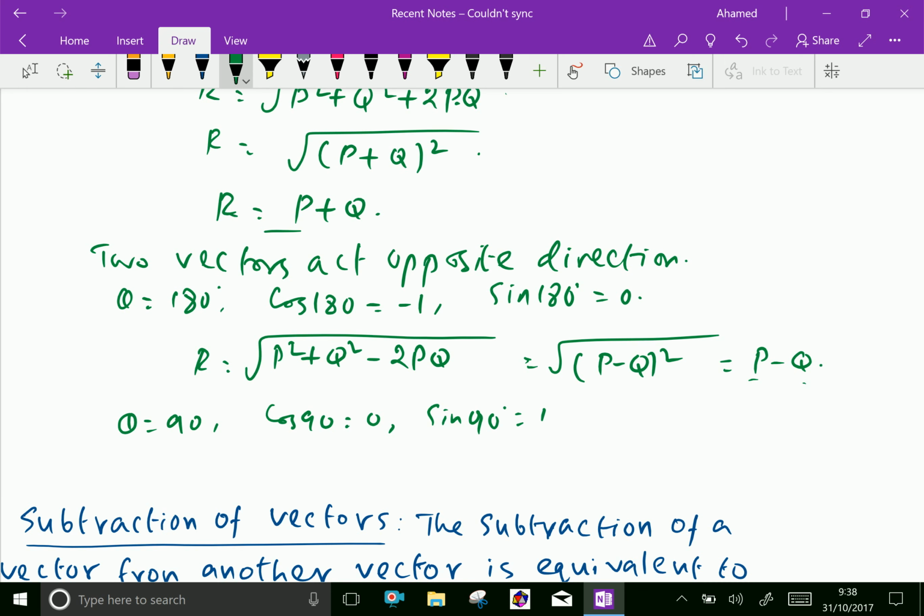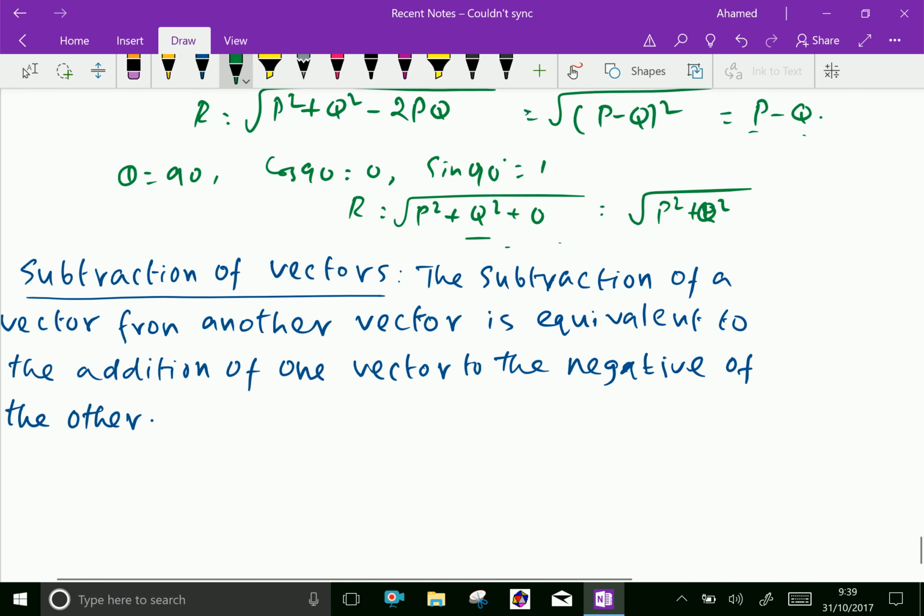Therefore, resultant vector R equals square root of P square plus Q square plus 0, meaning the resultant is square root of P square plus Q square. The resultant vector R acts at an angle alpha with vector P.